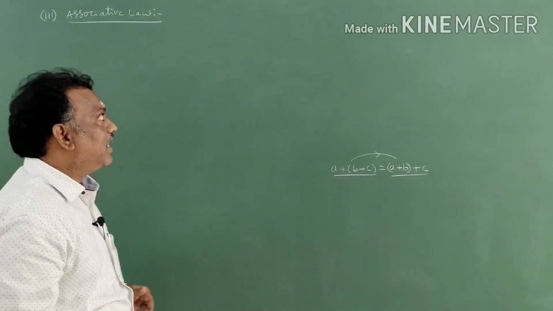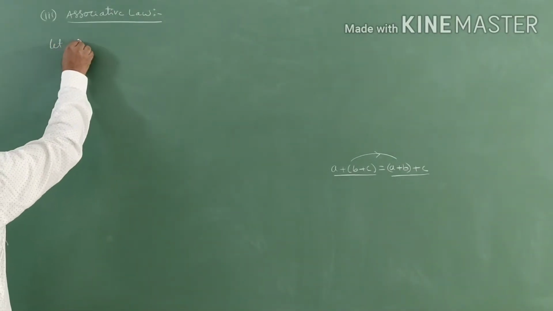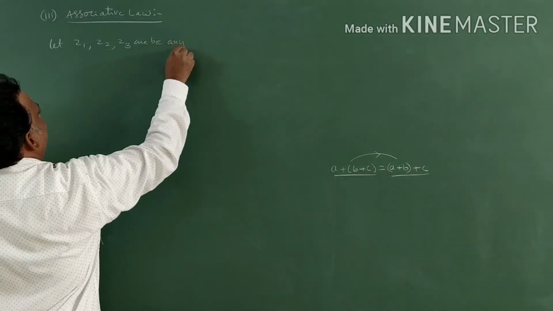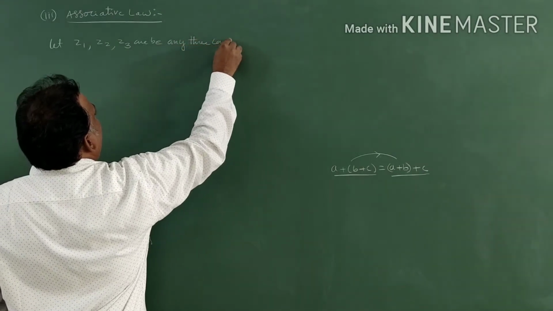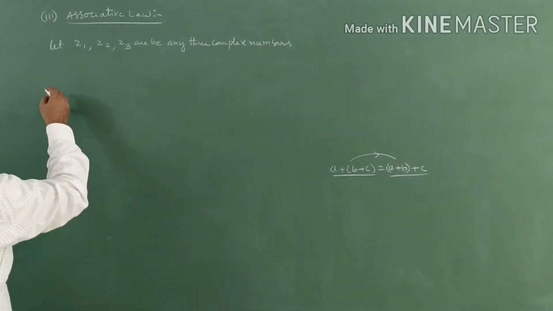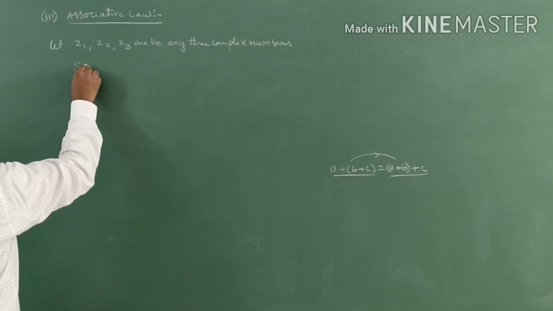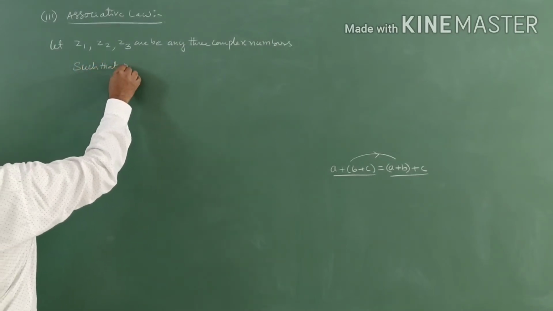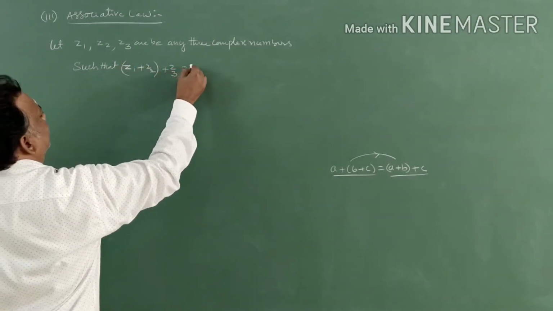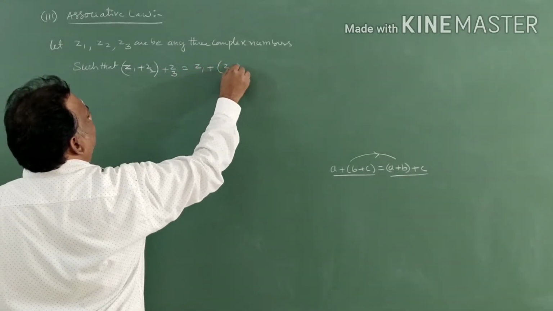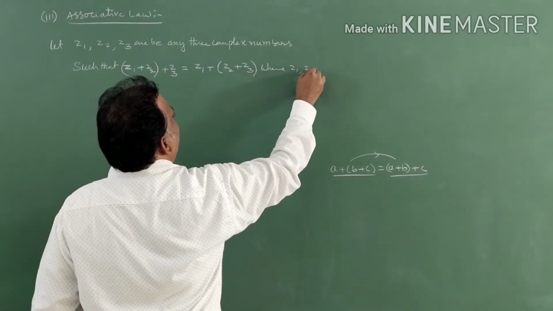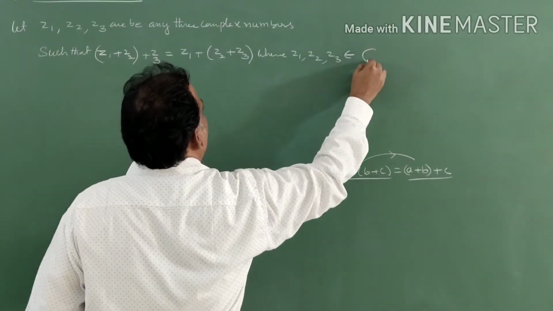Let Z1, Z2, Z3 be any three complex numbers such that (Z1 plus Z2) plus Z3 is equal to Z1 plus (Z2 plus Z3), where Z1, Z2, Z3 belong to complex numbers.